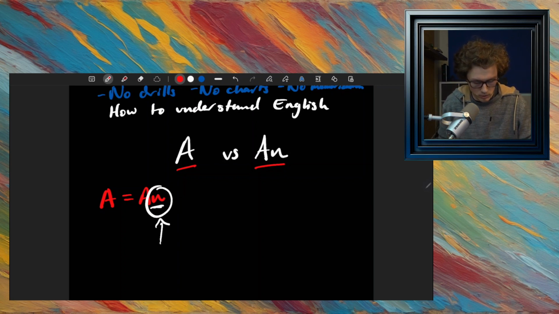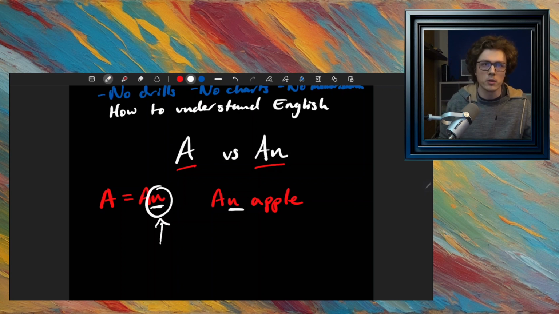So for example, a word like an apple. Right? We need this n there because it sounds weird to say a apple. Like there's this weird extra, I don't know, like it merges weird. And so you say an apple, right?